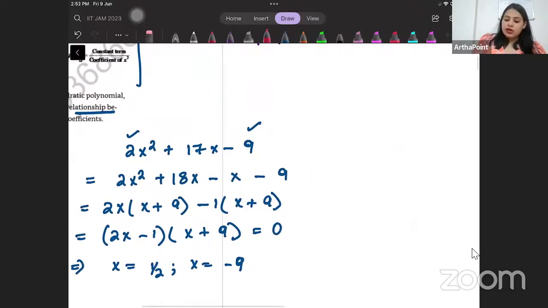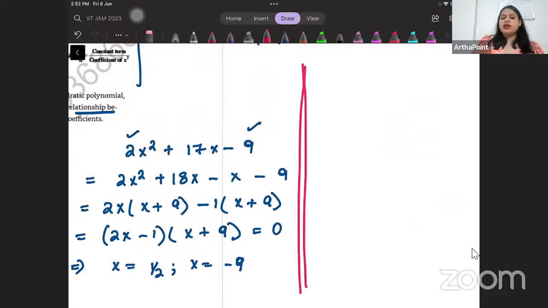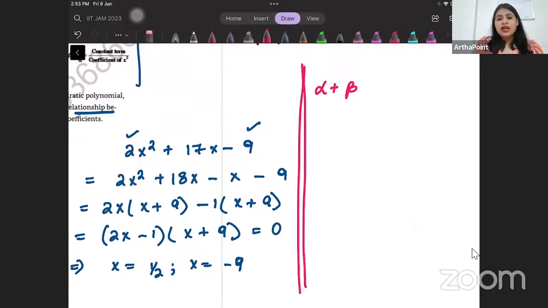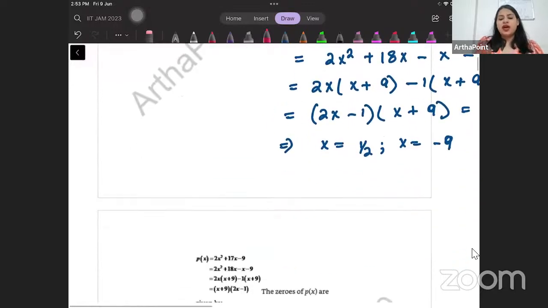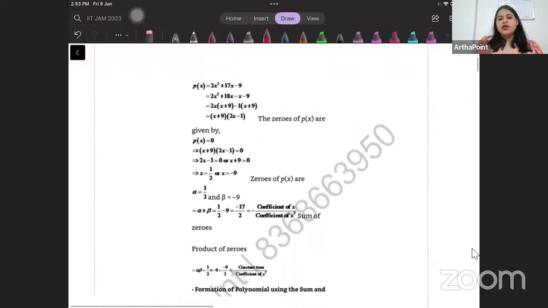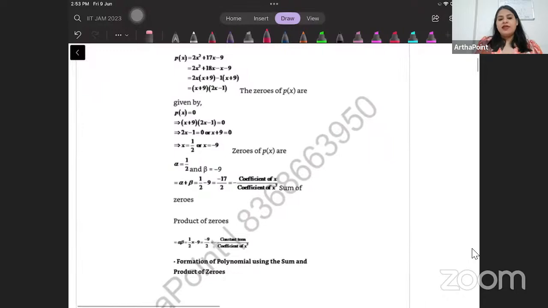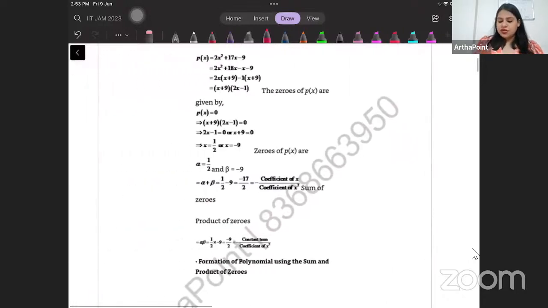Now we want to go ahead and find out the relationship. So what is the relationship? That the sum of the zeros should be minus b by a, right? So let us go ahead and try to verify this thing. Did I miss something here?